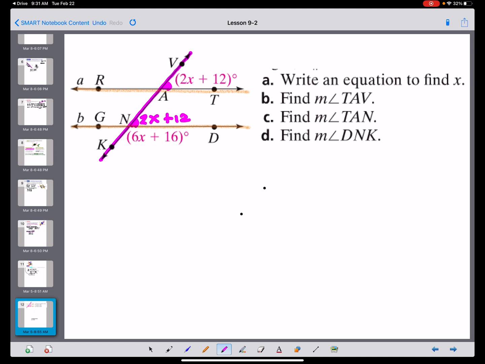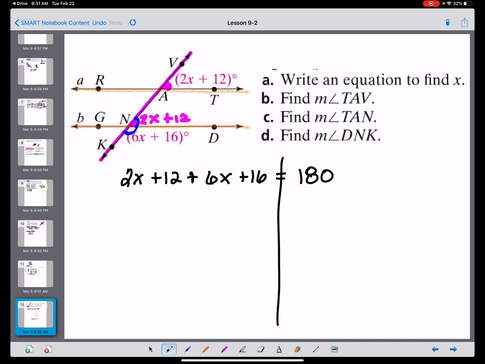Now I know that if I add together this angle and this angle, it's going to equal 180 degrees. 2x plus 12 plus 6x plus 16 equals 180 degrees because they are supplementary angles.